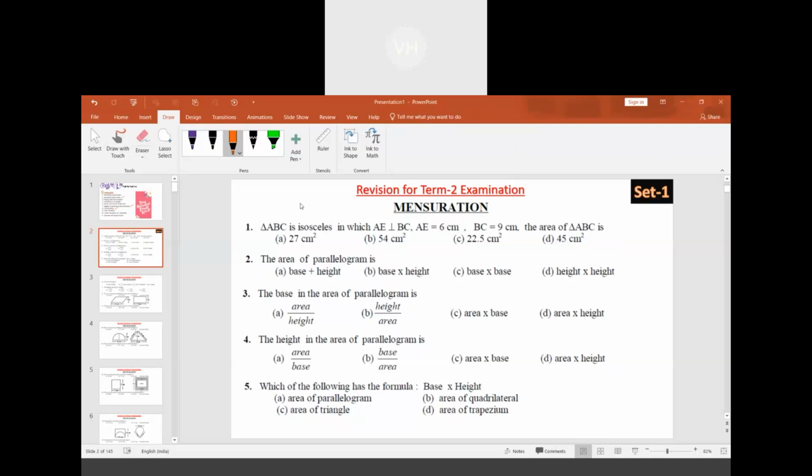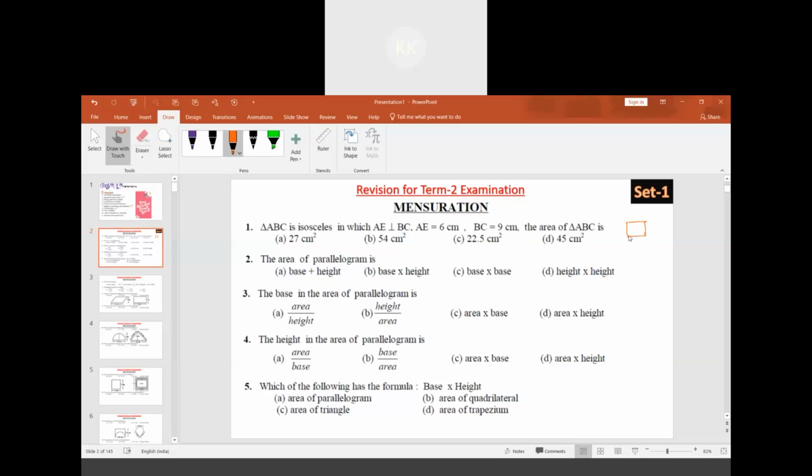Okay, sir. So from this chapter, you must remember the formulas to be used. Just list out: for a square, its perimeter is 4a and area is side square.